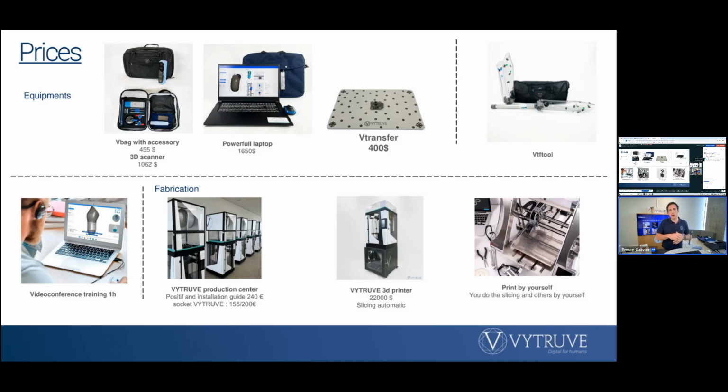But also, as I told you, if you have a 3D printer, you can take the STL file and print it on your own, but you have to manage the slicing, and a problem can happen. So you have many ways to begin with Vytruve, and many ways to begin in the digital.